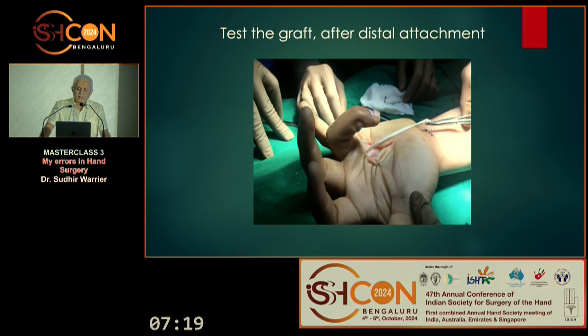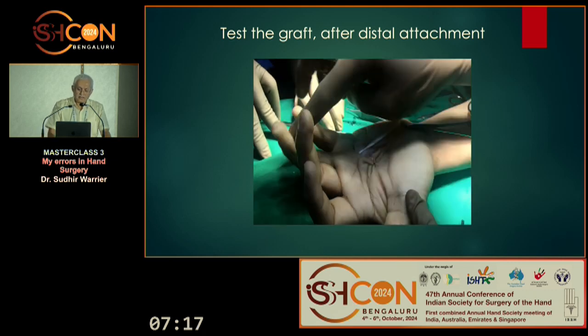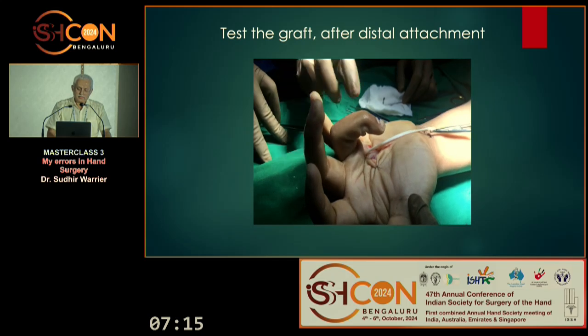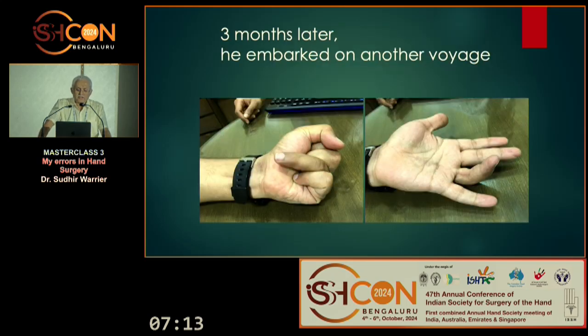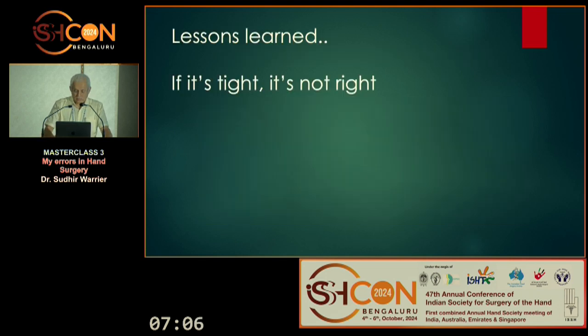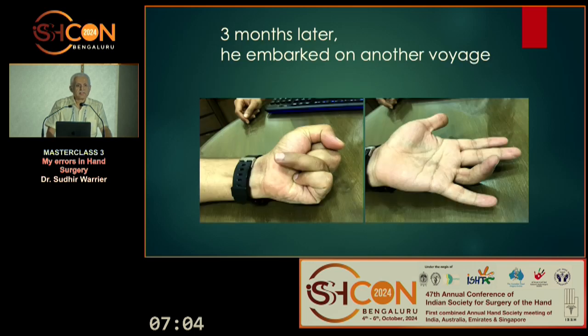We checked the graft that it's going to work well. And 3 months later, he embarked on another voyage, disappeared, and then sent me these pictures saying, I'm still not all right. So right from all these stages, he comes exactly back to where he was.